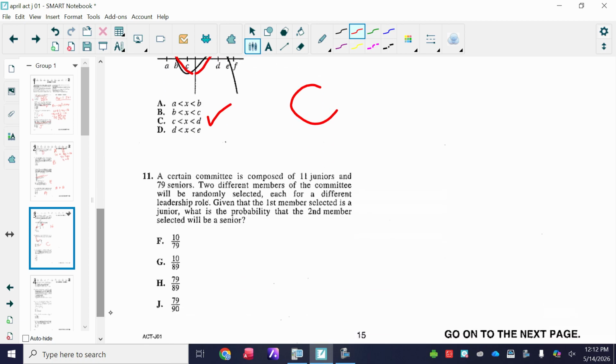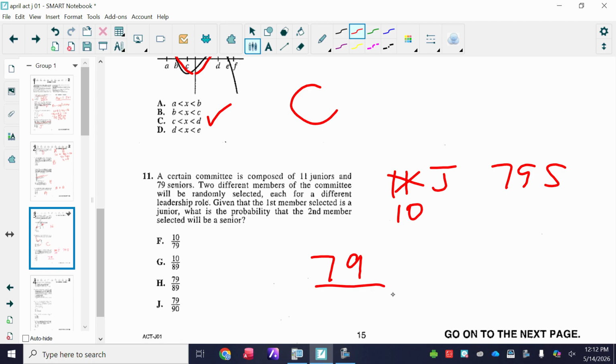So we have 11 juniors and 79 seniors. There's a committee, and the first member is a junior, so that means for the second pick, there are 79 seniors out of 89, not 90 no more, because you just took one guy out. So that would be choice H.